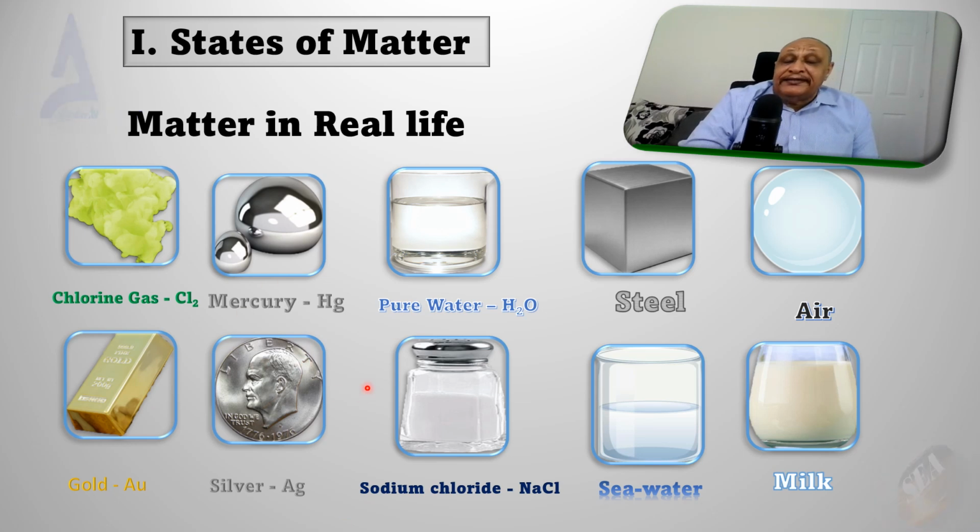We have other types like pure water. Water is pure. There are no impurities in it. It's not contaminated or polluted by any other substance. It is like distilled water or any pure water.